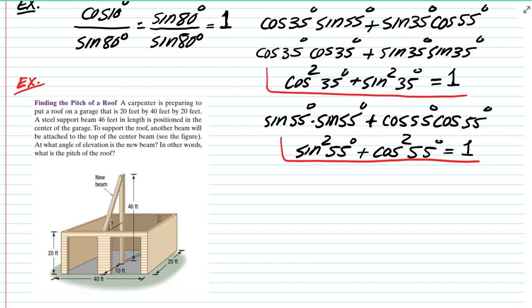To support the roof, another beam will be attached to the top of the center beam. See figure. We're talking about the new beam here, to provide support. What's the question? At what angle of elevation is the new beam? In other words, what is the pitch of the roof? This is the angle of elevation.